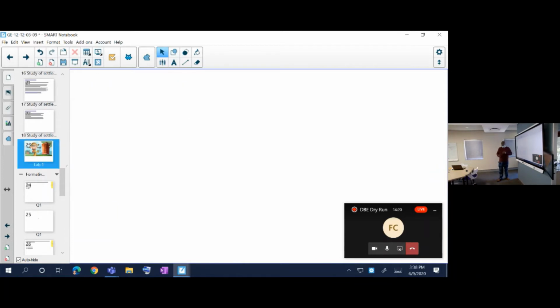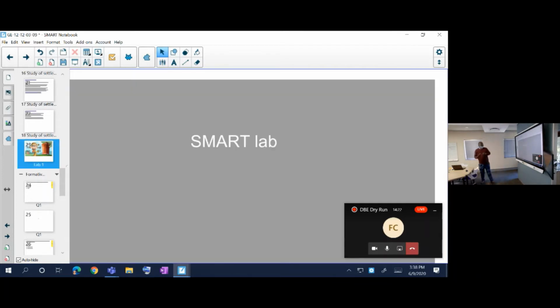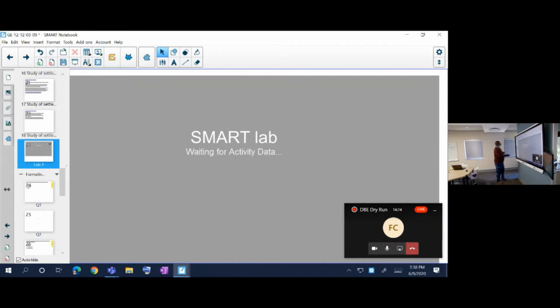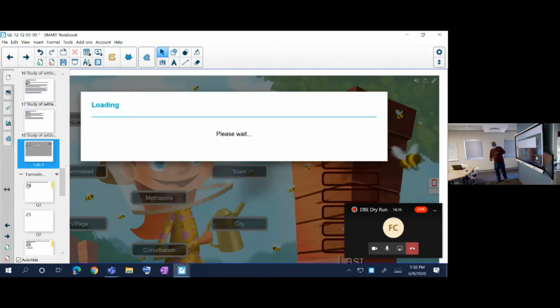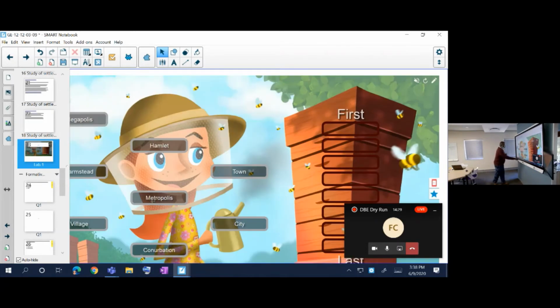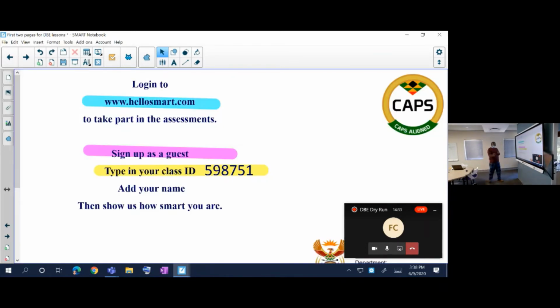So, for example, in this geography lesson, we have a little gamification activity which will engage learners. We can go back to the previous page. To ensure that our learners are connected, log into www.hellosmart.com, sign up as a guest, and there is your class ID.